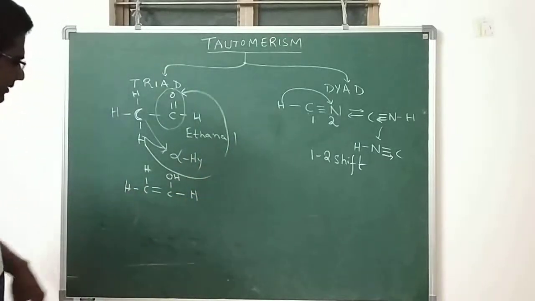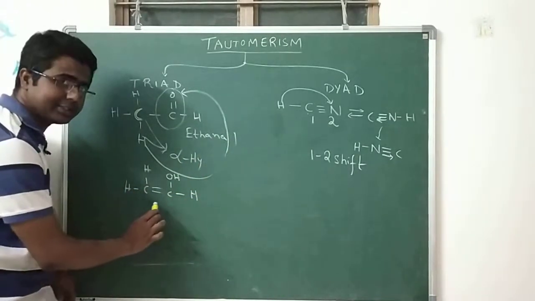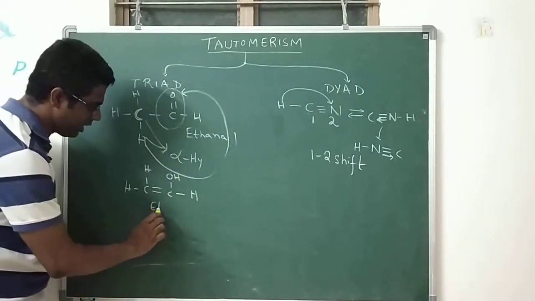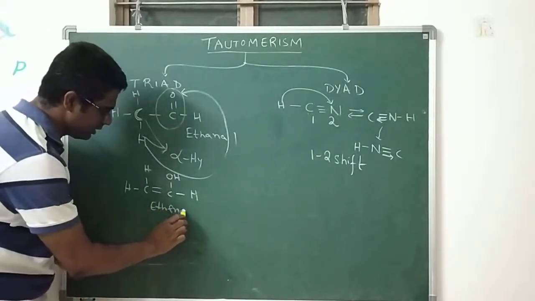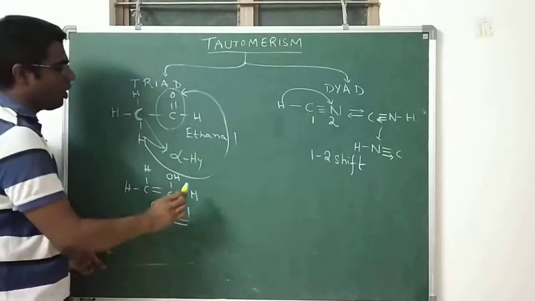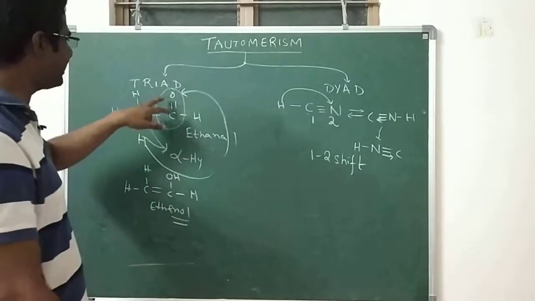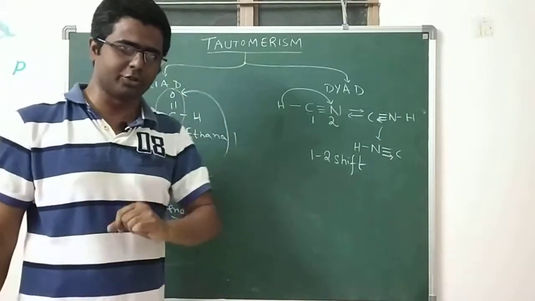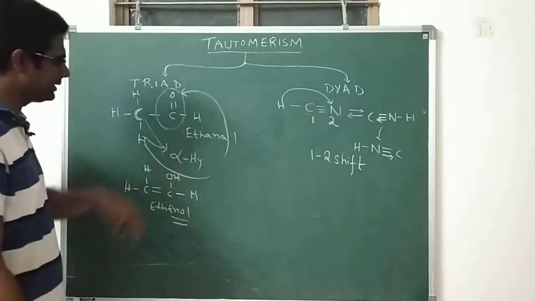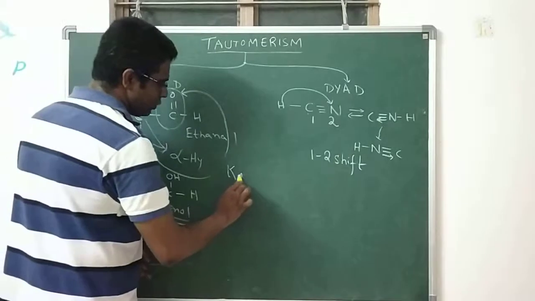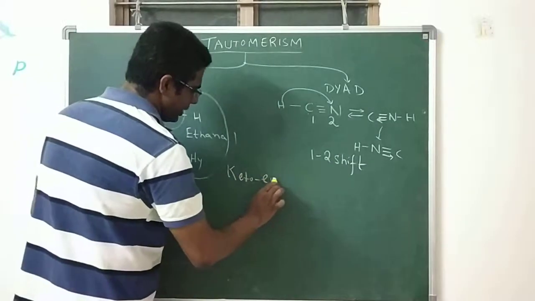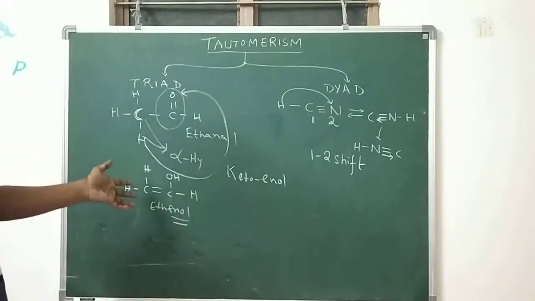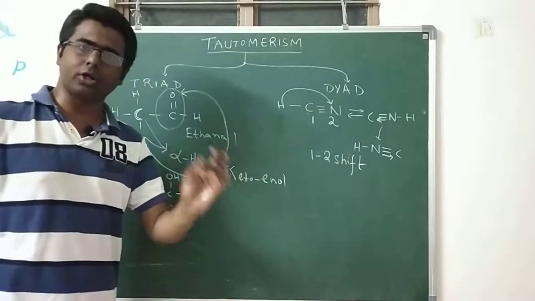What is this? Enol, okay? And there was a keto group, which is obviously an aldehyde because there is a carboxyl group. This kind of triad system is called keto-enol tautomerism. Okay? This kind of triad system is called keto-enol tautomerism.